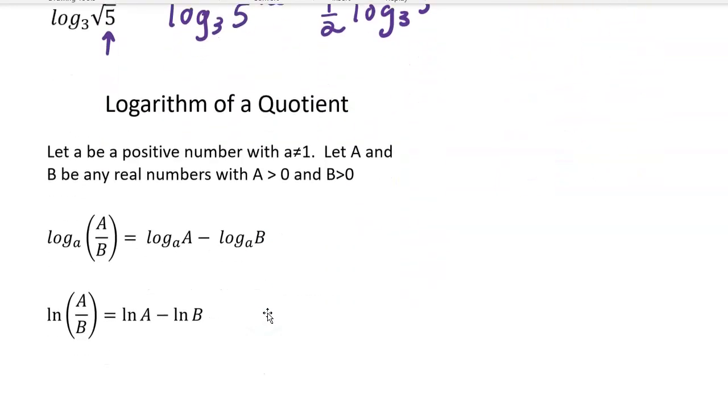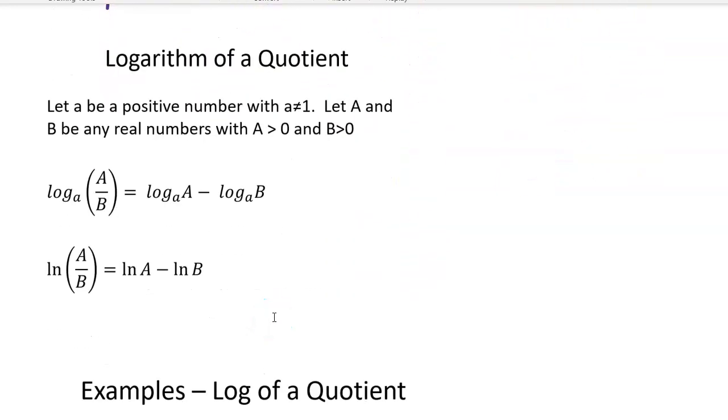Okay, so let's talk about the quotient property. Logarithm of a quotient, and that's when you're dividing. You can see the division is set up here, and we can take that division and break it apart with subtraction. Now it's very important that you pay attention to the order.